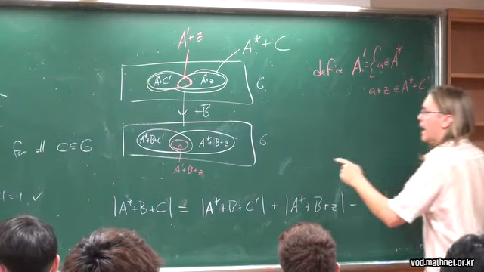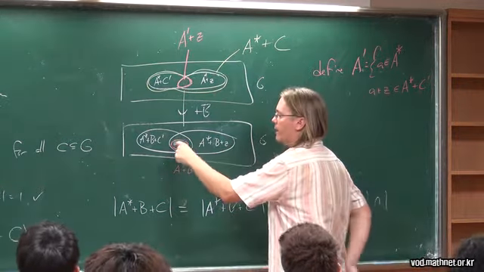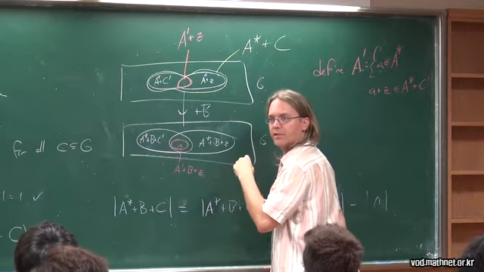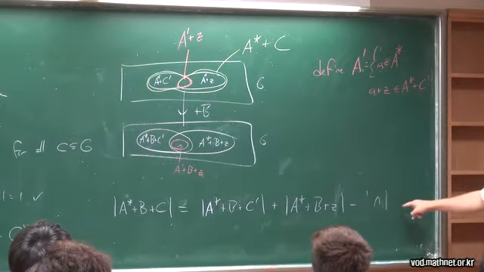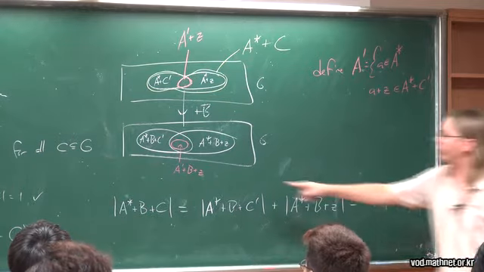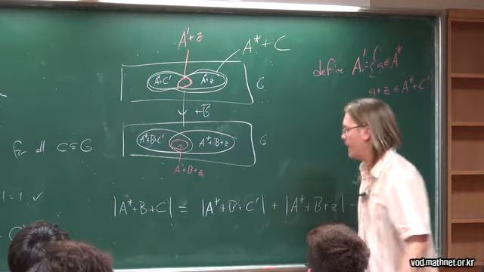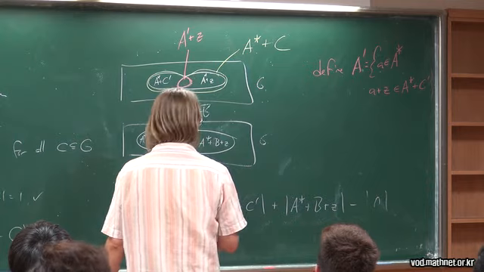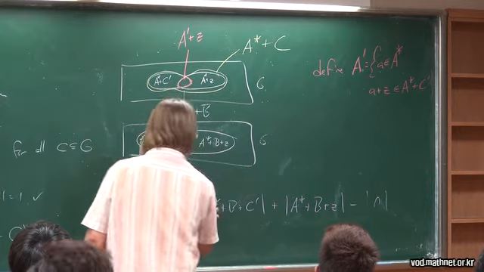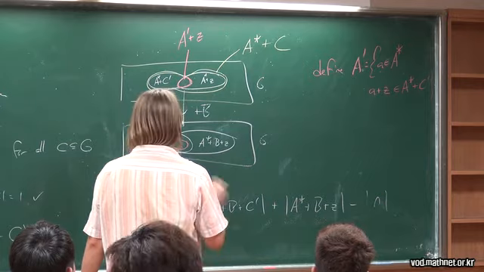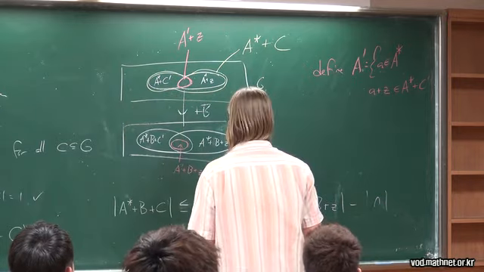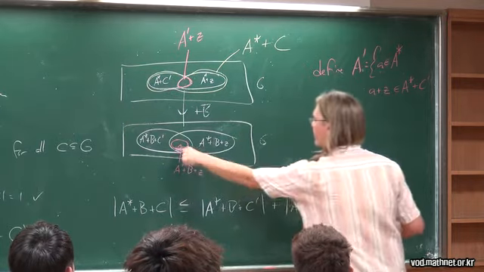Now, I have a lower bound on the size of this intersection. I know that this quantity is at least the size of this set, and that gets me the size of the intersection. The size of the intersection is less than or equal to this.